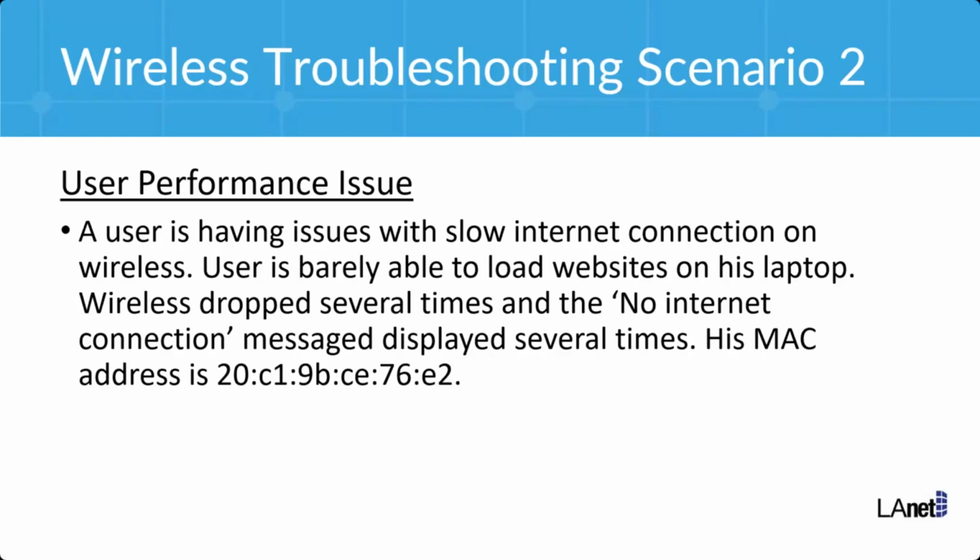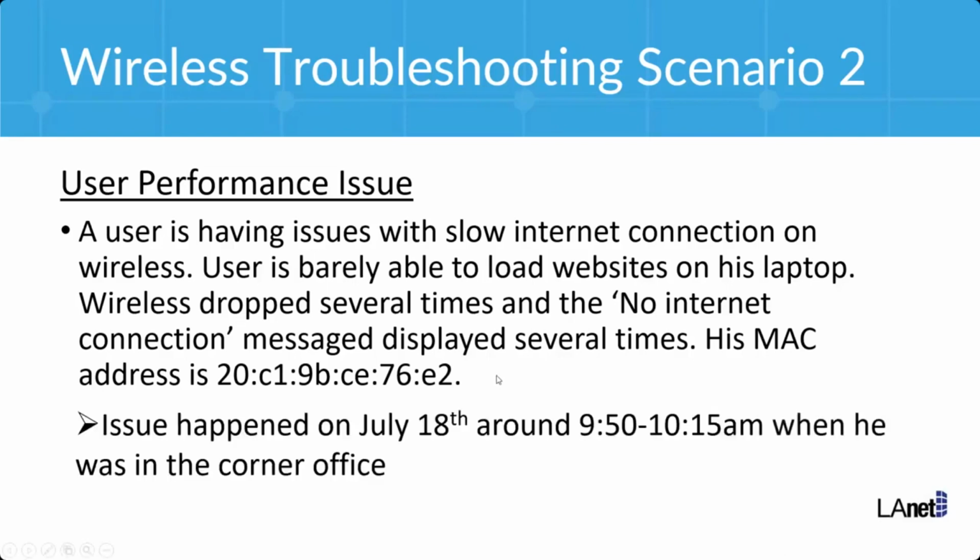So we went in and got his MAC address. We also asked, and it turned out that the issue happened today, July 18th, around 9:50 to 10:15 a.m., when he was in the corner office.